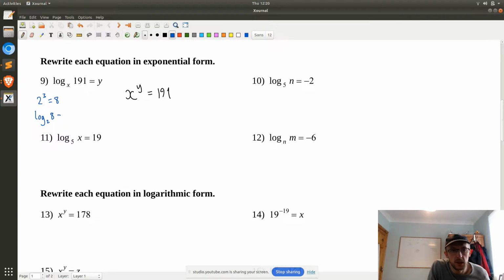Log base 2 of 8 is 3. And so it's a way to mentally remind yourself to swap those last two bits of information. That one there and that one there.